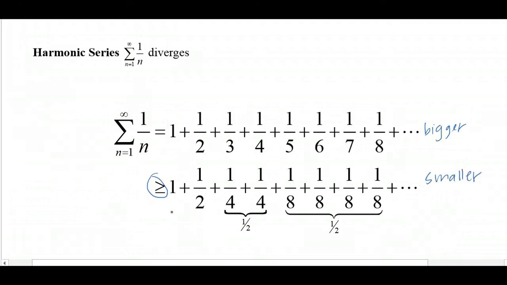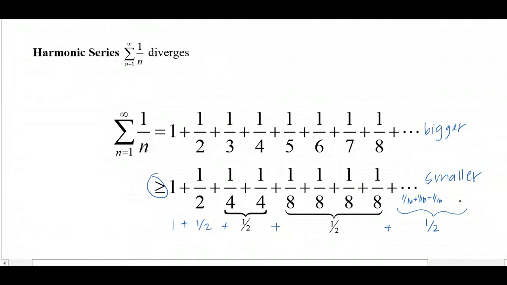So here, this part is 1 plus 1/2, and we're adding 1/2, and we're adding 1/2, and then we're going to have another collection. So we're going to have 8 copies of 1/16 plus 1/16 plus 1/16. So 8 copies of this is going to be 8/16, which is 1/2.